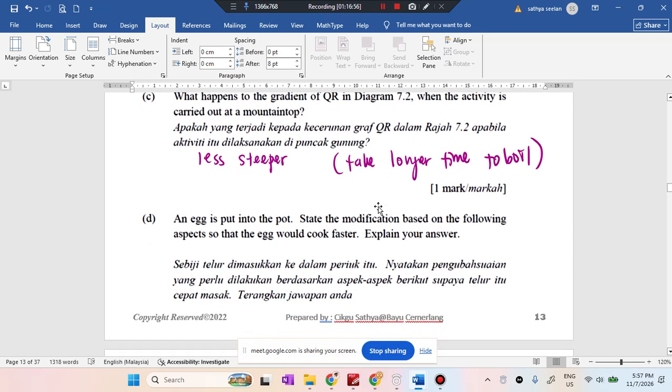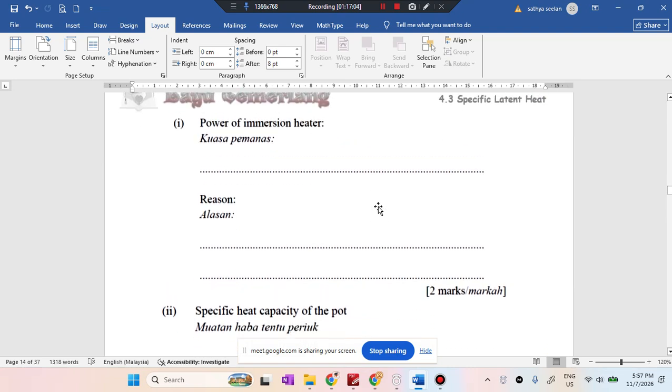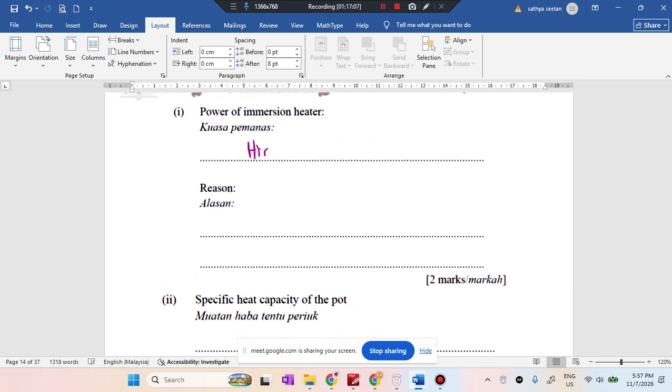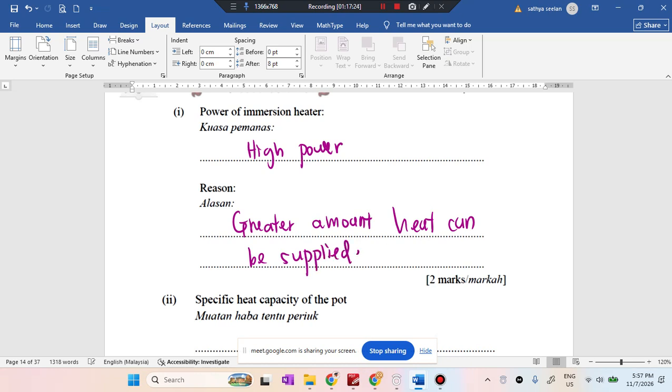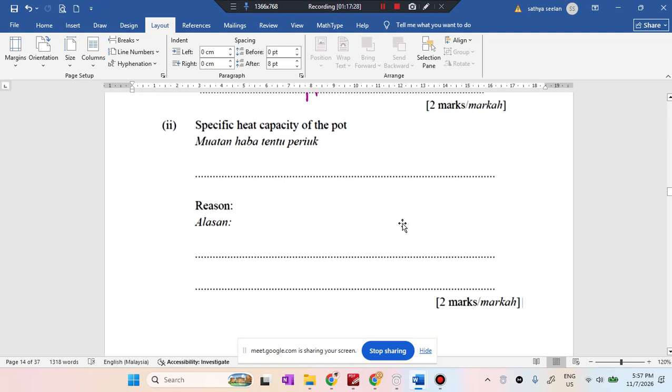Okay, an egg is put into the pot. State the modification for the following aspect so that the egg will cook faster. The immersion heater must be high power, right? Why high power? Greater amount of heat can be supplied. And how about the specific heat capacity of the pot? Smaller, because we want to cook faster.